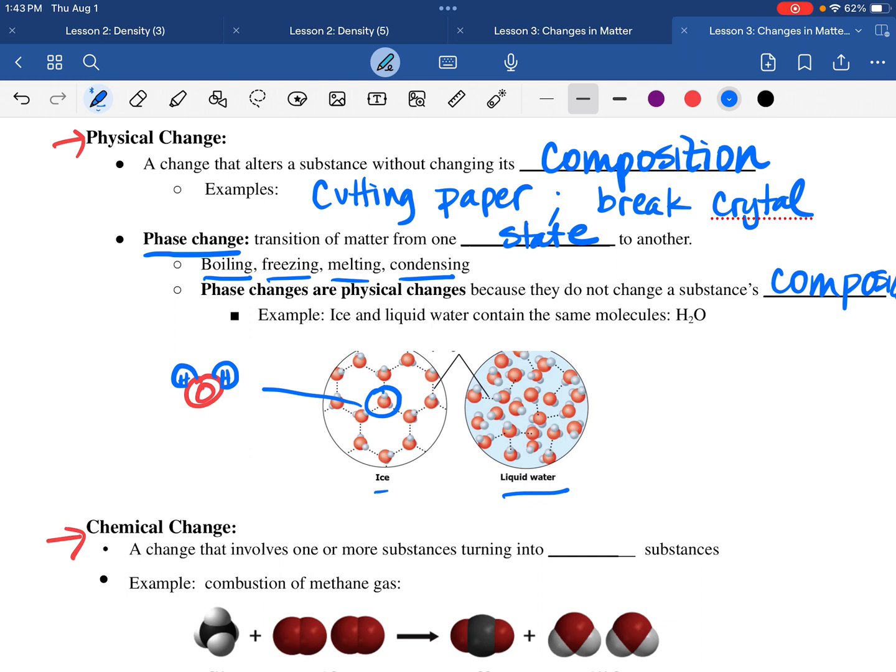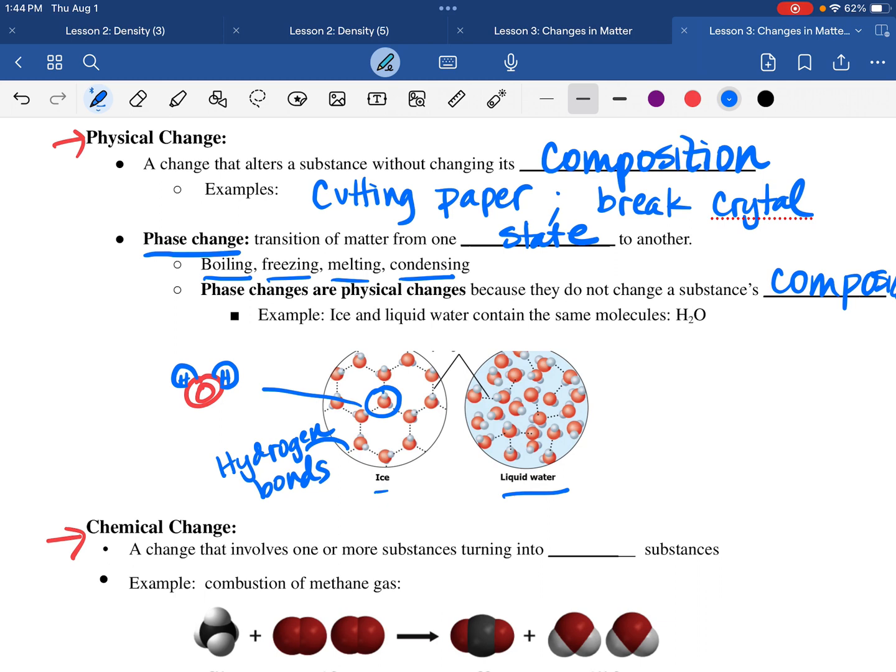I'm going to put a little H there. In ice, the water molecules have a regular pattern where they're bound to each other with hydrogen bonds. These little dotted lines are hydrogen bonds.